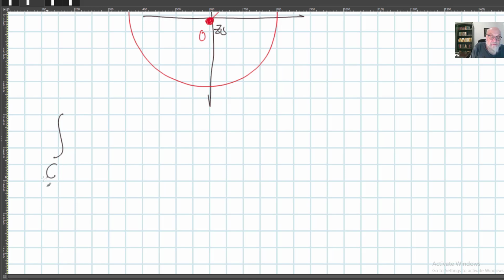So we put it like this: integral over c of e^(1/z) divided by z minus a dz will be equal, and we write down, 2 pi i times the residue of the function e^(1/z) divided by z minus a at infinity.